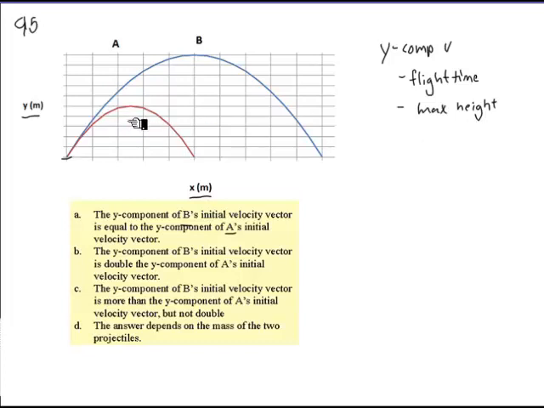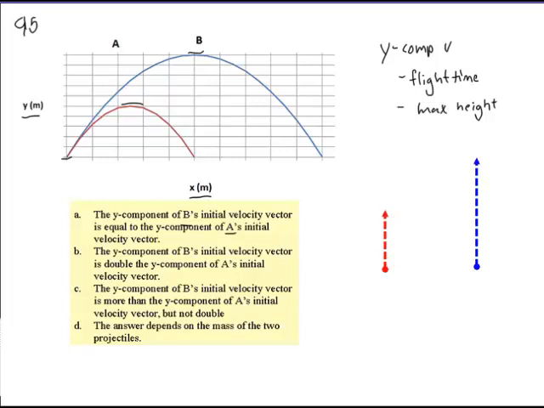So this is A, I'm not sure how well this is labeled, but this is A and this is B. And A does not reach the same maximum height as B. So before anything else, I know something about the y components. I know that B's y component has to be greater than A's y component.